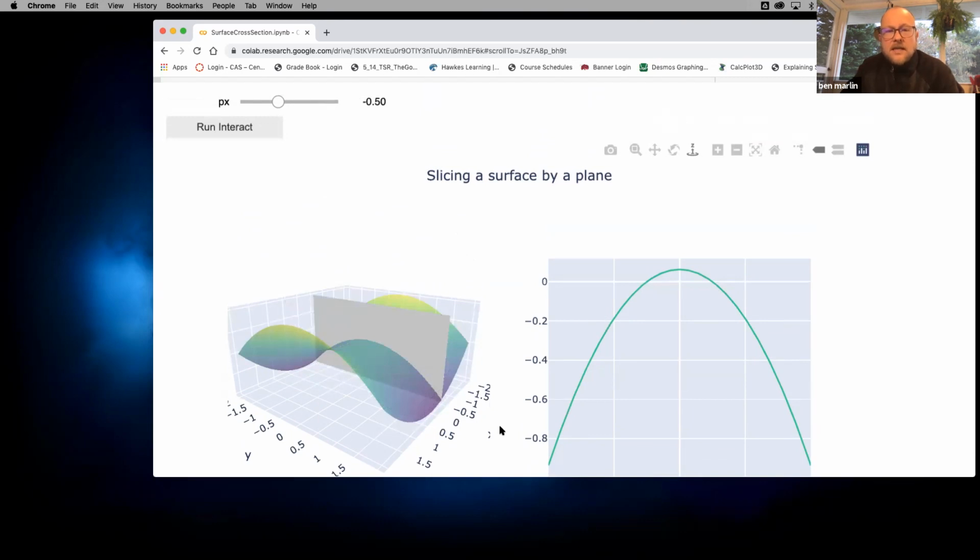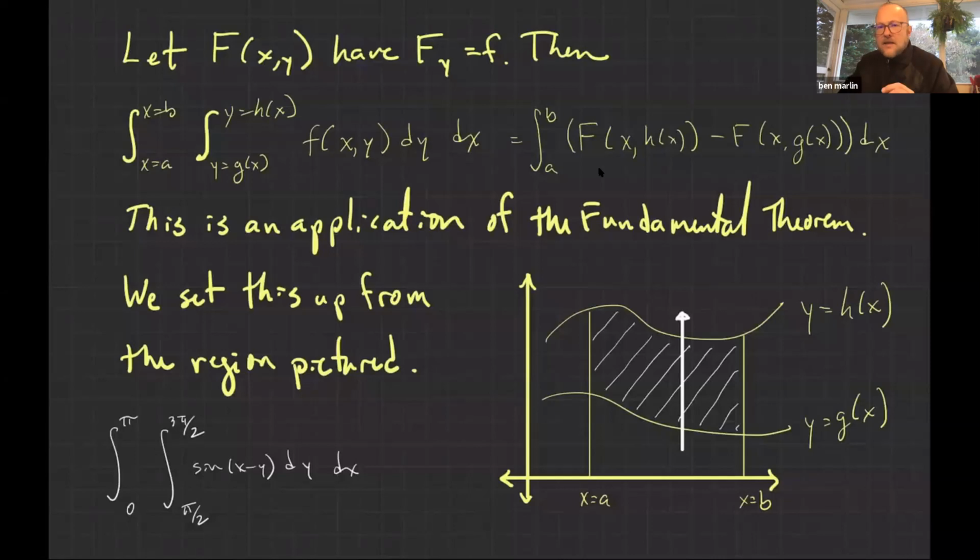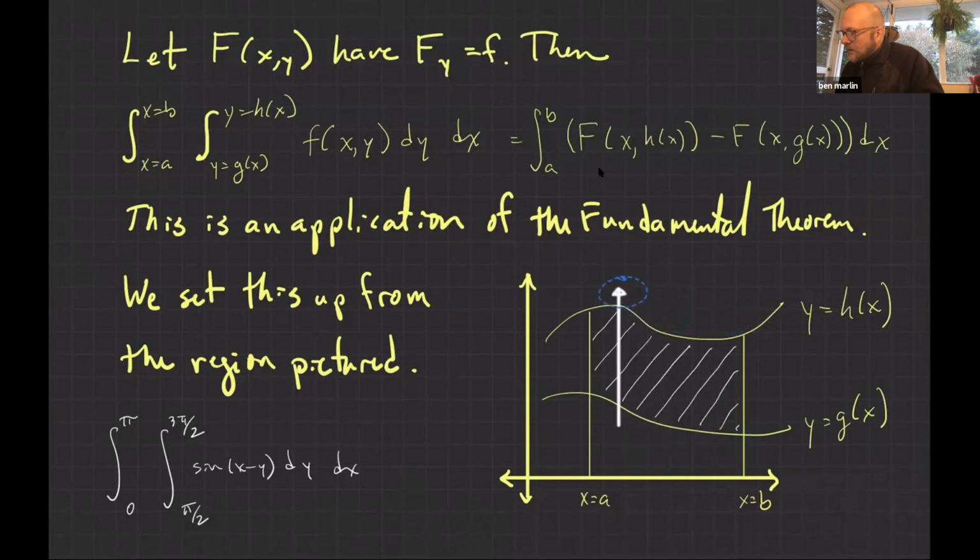So the thing that is going on in that regard is, if we look back at what we were talking about earlier, then the moving of that cross-sectional area corresponds to my moving with this arrow up and down, okay?